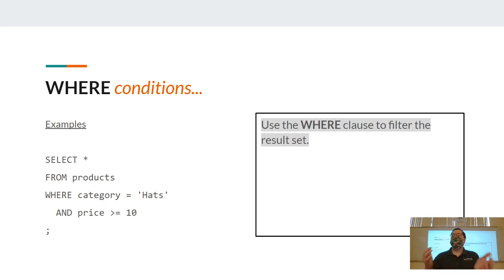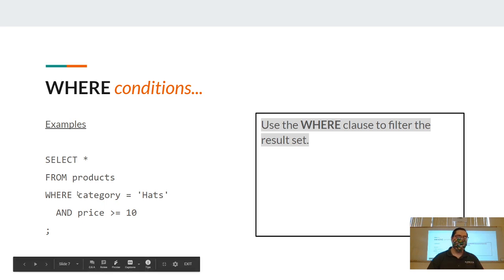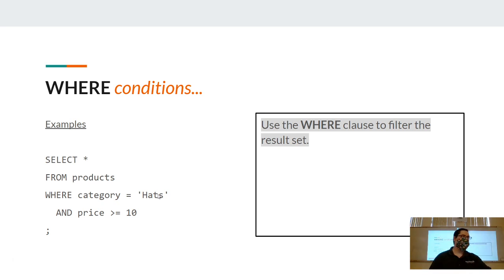Where clause in general, the purpose of the where clause is to filter the result set. So for instance, here I might say, I only want products with a category of hats and a price greater than or equal to 10. Right? So I can do most of these just like you might think in C# or JavaScript.